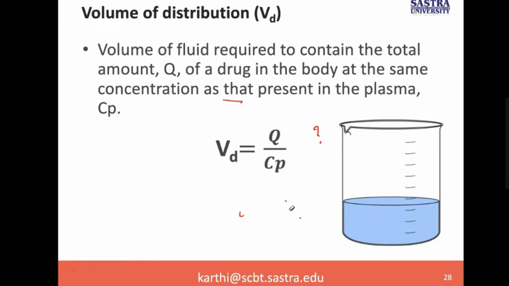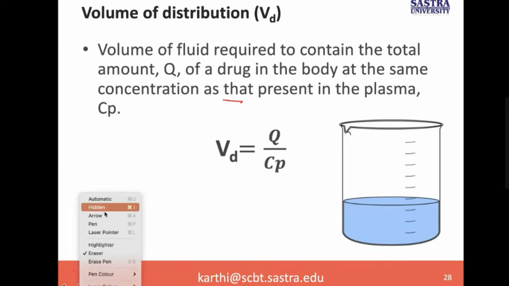Volume of distribution is one of the very important parameters normally calculated in pharmacokinetic studies. Listen carefully one last time: the volume of fluid that is required to contain the total amount of drug, Q, in the body at the same concentration as that present in the plasma, Cp.